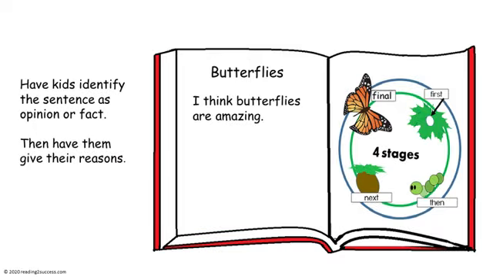As kids read sentences in books, such as the one we have here, I think butterflies are amazing. It is a good review to have kids identify the sentences as either opinion or fact and then have them give their reasons.